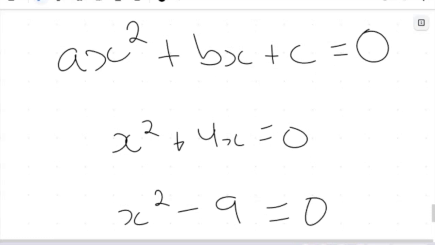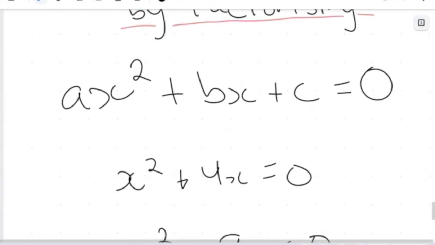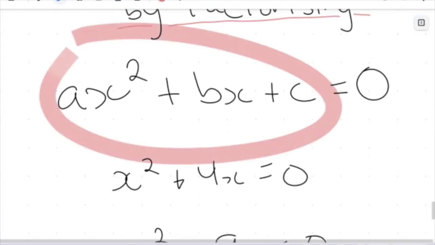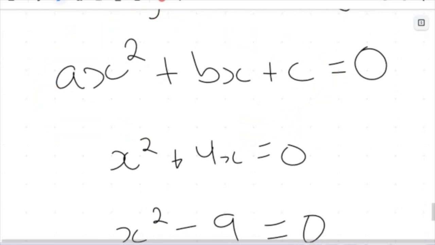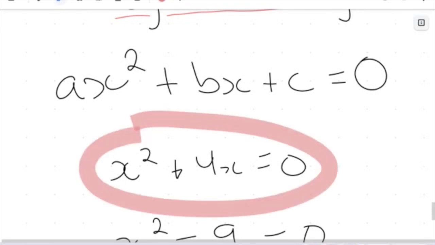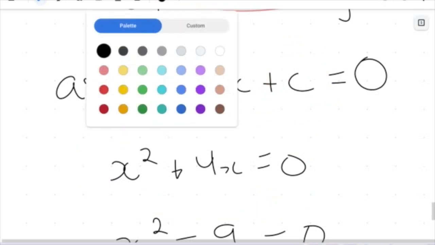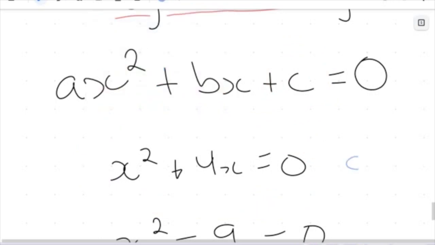Now, if you've watched the series on quadratic expressions, you may remember this general form for all quadratic expressions. In this particular case here, we're missing our c term, so we can think of our c term as being 0. For this one, my c is 0, so it doesn't exist here.